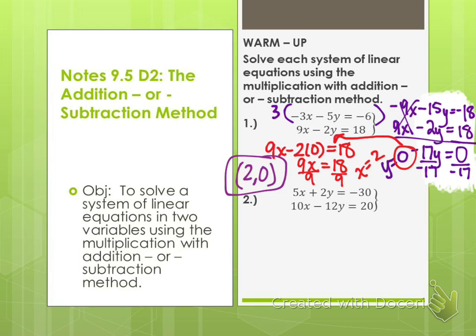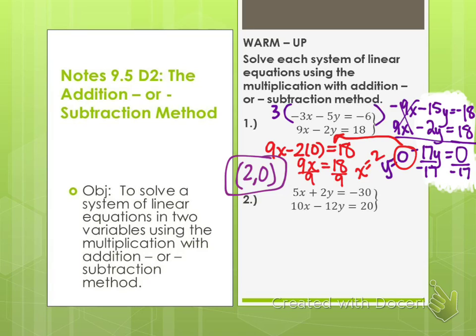On number 2, again, you've got an option. You can either, on this problem, cancel out your x's or your y's. You have to choose which variable you're going to try to cancel out. Did anybody make a decision about what variable they wanted to get rid of? Y. Okay.